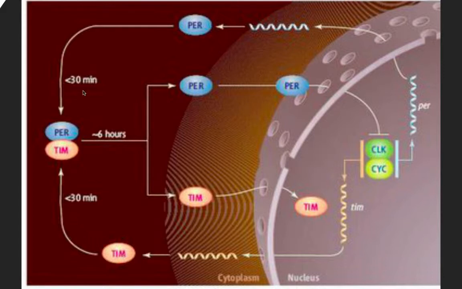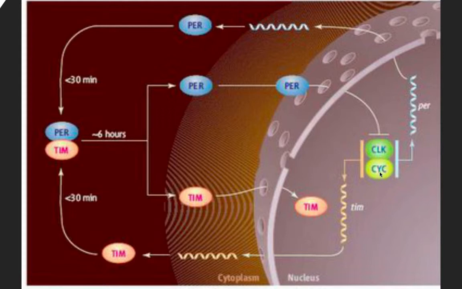Yet, around 30 minutes after being produced, the period protein and the timeless protein are able to bind to each other and dimerize. This dimer is able to further promote the inhibition of clock and cycle, CLK for clock and CYC for cycle.